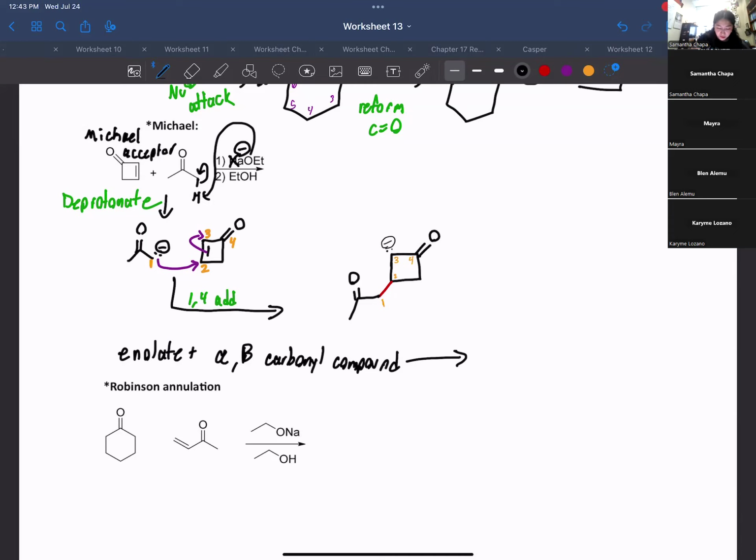Trying to remember what two. Does anyone remember what two reactions that I'm using? I know that it's an Aldol reaction and something else. It's an Aldol reaction. I want to get it down.